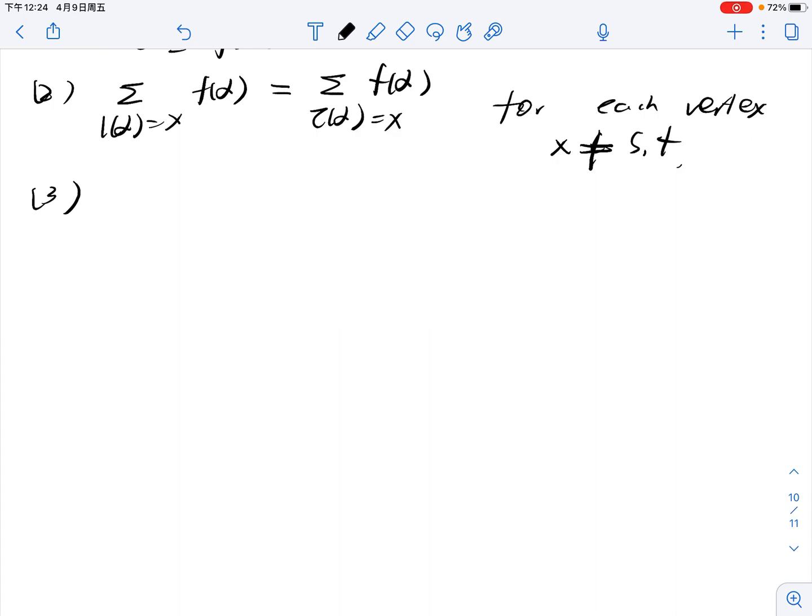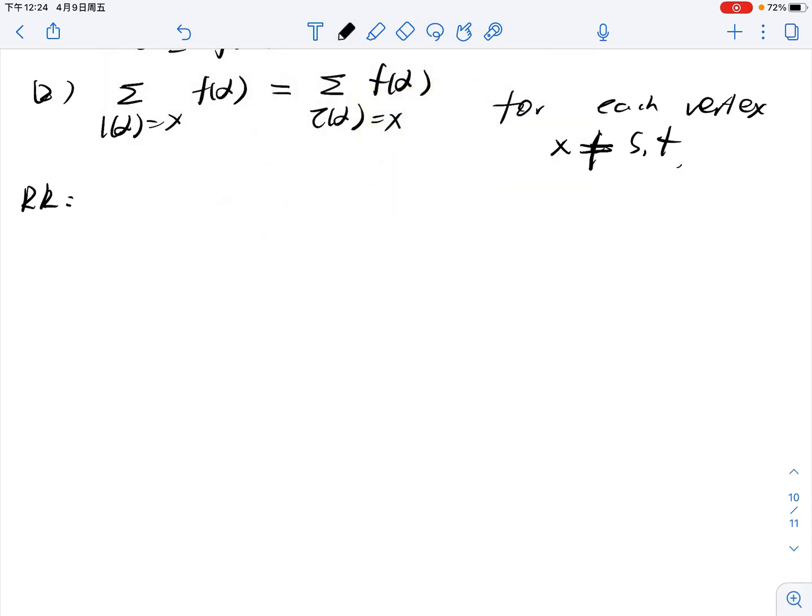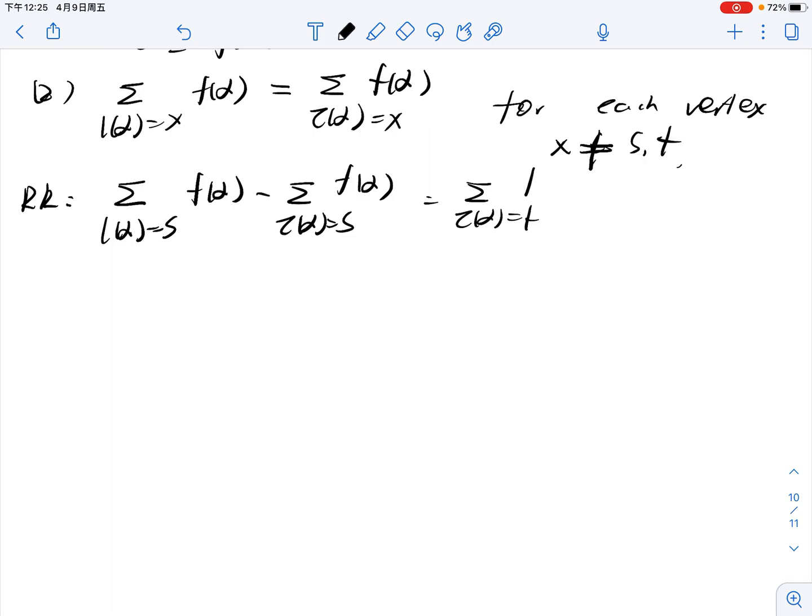And you might guess, what's the situation for the value at the source or target? This can be deduced from the definition: the net flow out at the source is the same as the net flow in at the target.